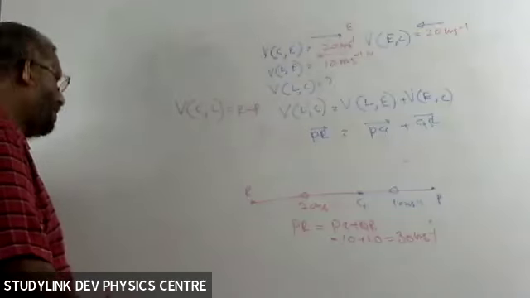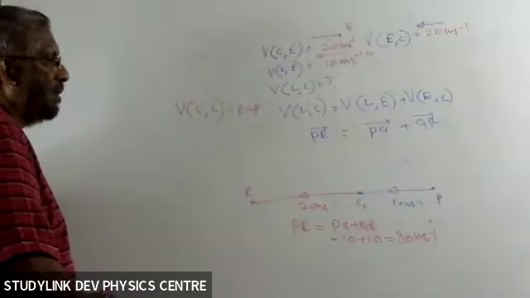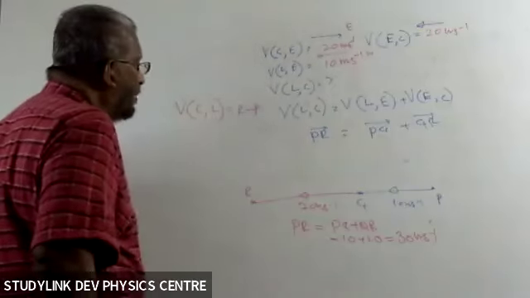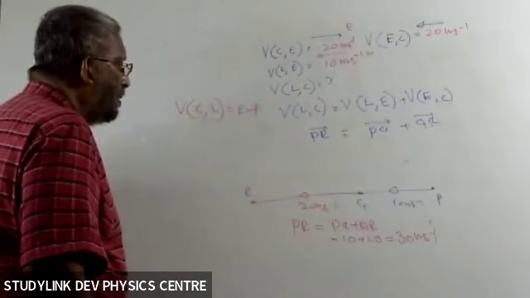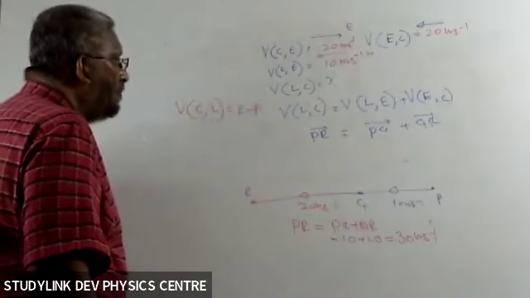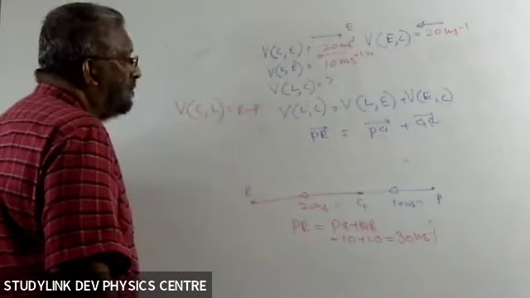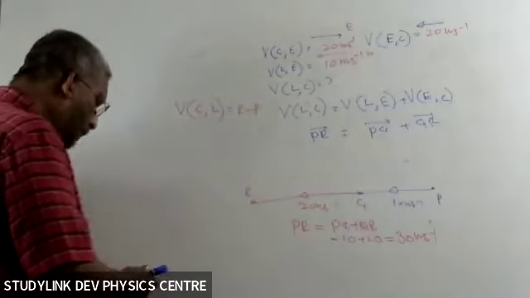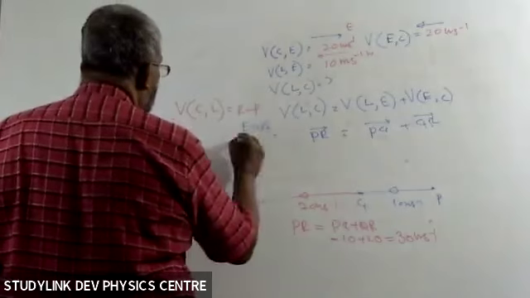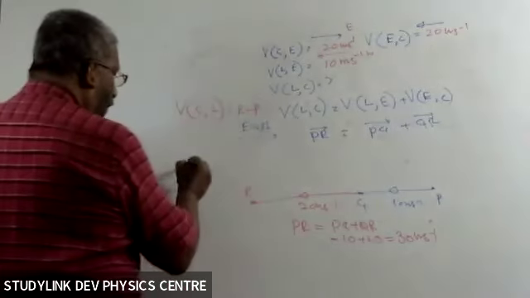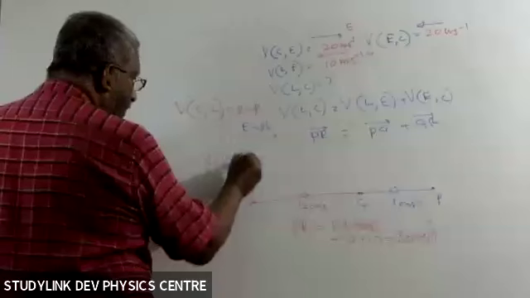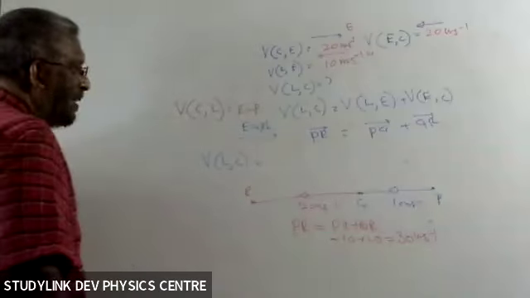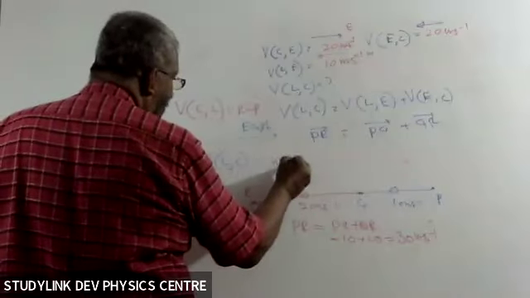R to P. RP is east. Therefore, VLC is the opposite direction, west.